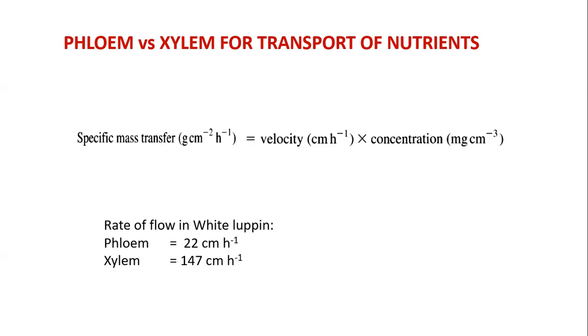So even if there is a lower concentration of ions in the xylem, the total mass transfer may be the same, because although the concentration of the ions is low in the xylem, as we mentioned in the earlier slides, due to the high velocity the total mass may be similar, or at least relatively more as compared to that in phloem.